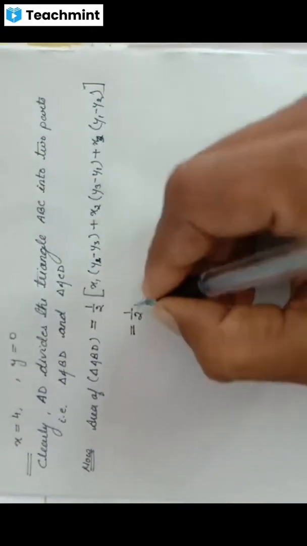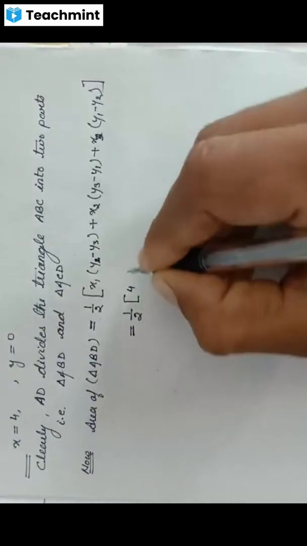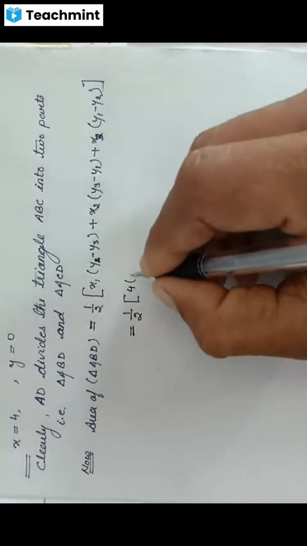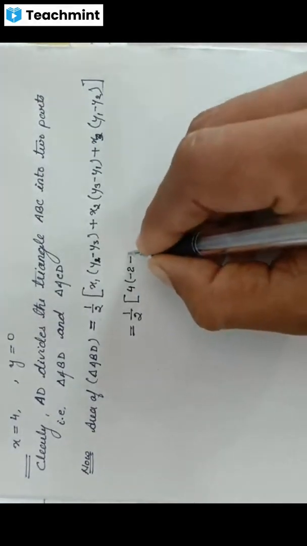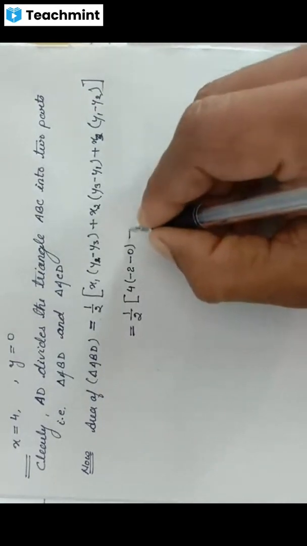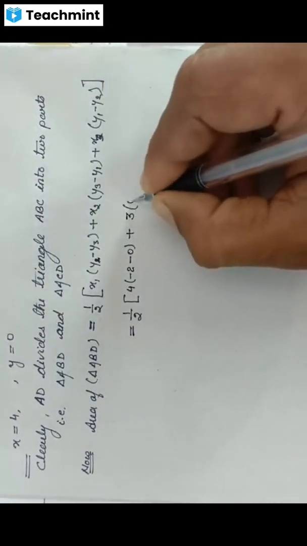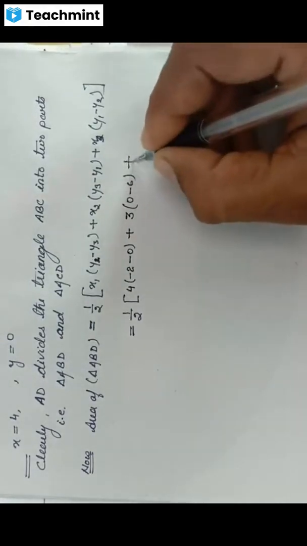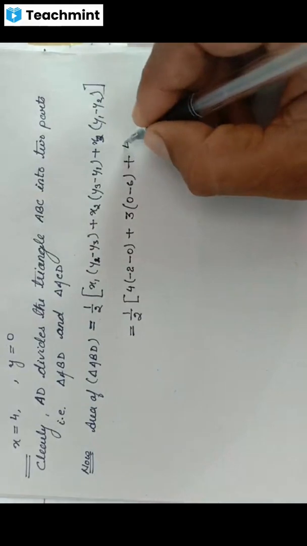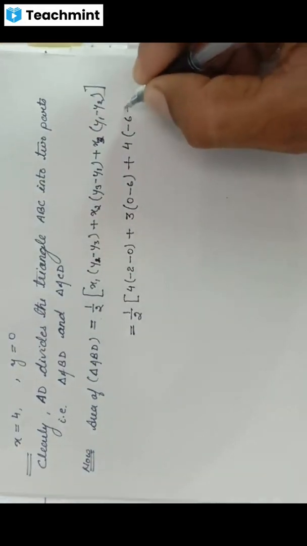Okay. Now you can see this is our 1 by 2. X1 we have here as 4, then bracket open -2 minus 0, then plus 3, bracket open 0 minus 6, then again an addition sign, 4 will be here, and you will have -6 plus 2.